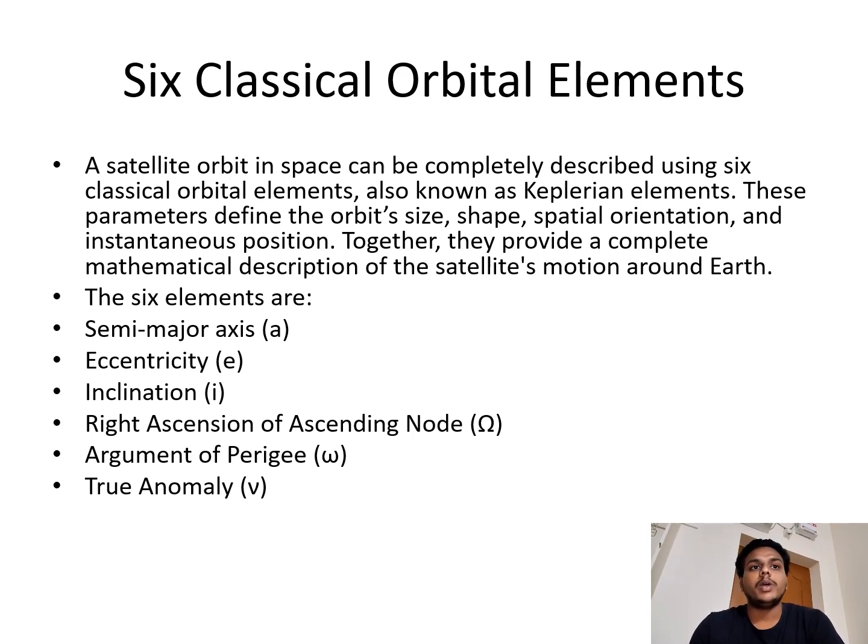Together, they provide a complete mathematical description of the satellite's motion around the Earth. The six elements are semi-major axis, eccentricity, inclination, right ascension of ascending node, argument of perigee, and true anomaly.